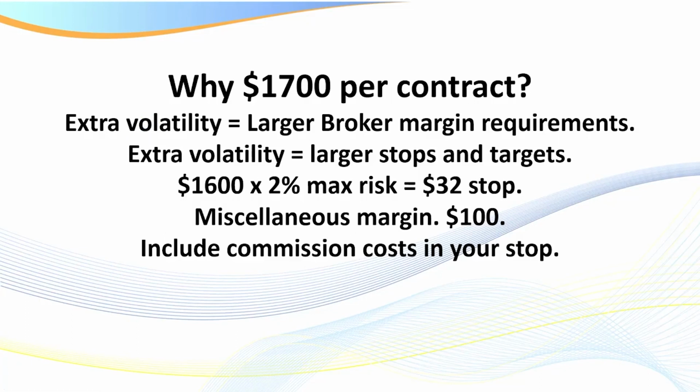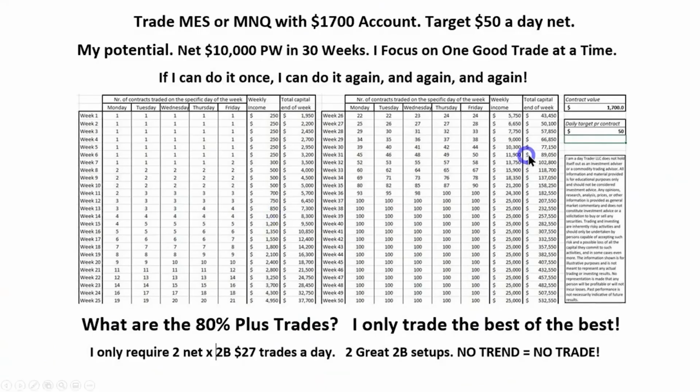Now what this means to you is this: if you start with $1,700 and you target only $50 a day, that is, you have what we call 2B setups a day, you now have the potential of earning $10,000 a week within 30 weeks.